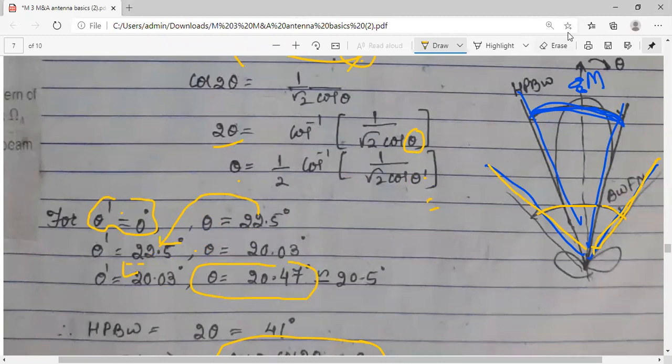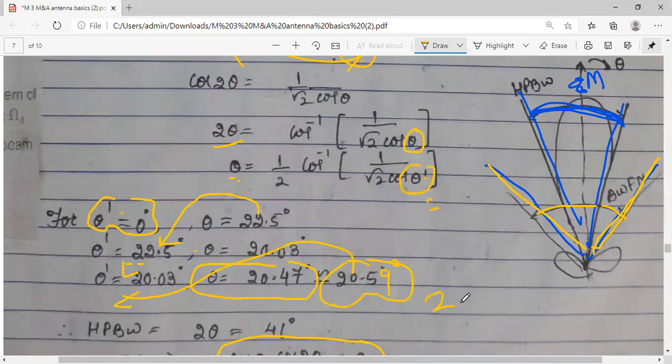If you take 20.03 and get 20.59, then take that as 20.59. Next time, take this as theta dash, 20.59. Substitute here and see what the new theta value is. Taking 20.59 as the next theta dash, you got 20.47.